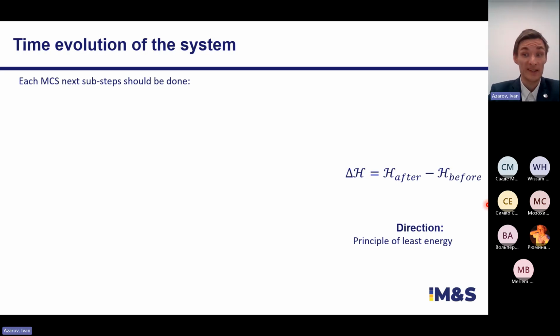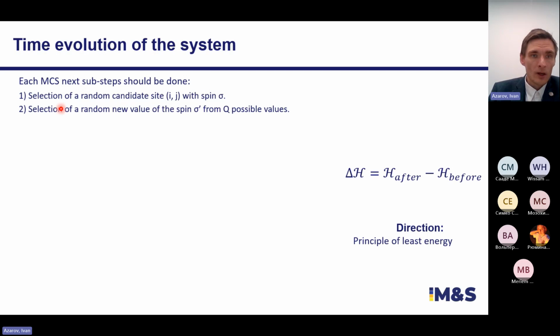Well, this principle of least energy has to be implemented into some algorithm which has Monte Carlo structure. What will be the steps of this Monte Carlo approach? First of all, we should select some random candidate with coordinates i, j with some sigma spin. Then we should select some random new value with other spin sigma from Q possible values.